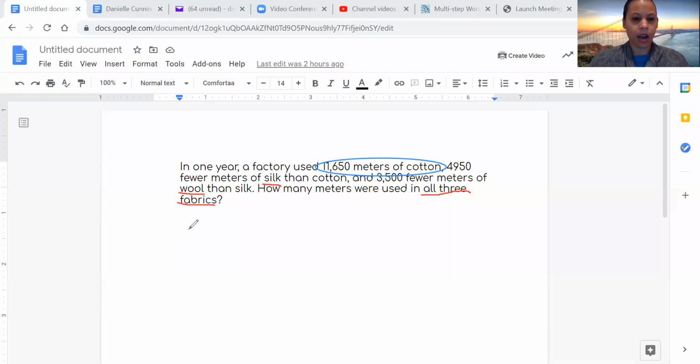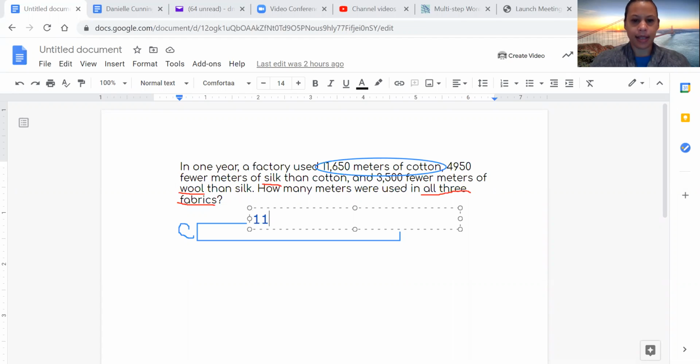So right here, I'll put a C for cotton, and we know this is how much cotton there is. And with the cotton, we can label it's 11,650.